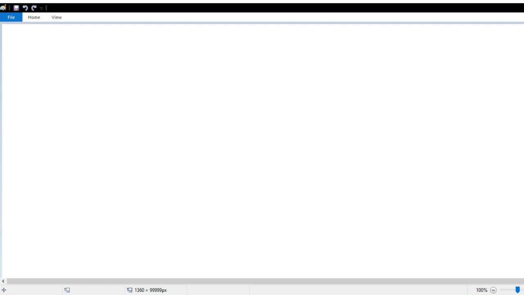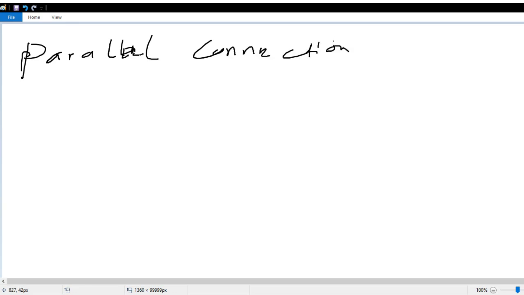Let us now look at parallel connection. For the parallel connection, this is the type of connection in which the current takes more than one path.